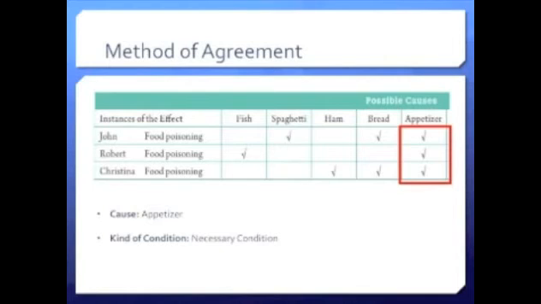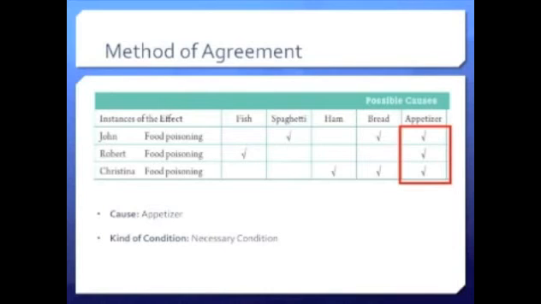Thus, the method of agreement only identifies the cause as a necessary condition because it is only concerned with all the positive cases of the effect and what they have in common. It does not consider instances that may or may not prove the cause to be a sufficient condition. It does not consider negative cases of the effect in question.